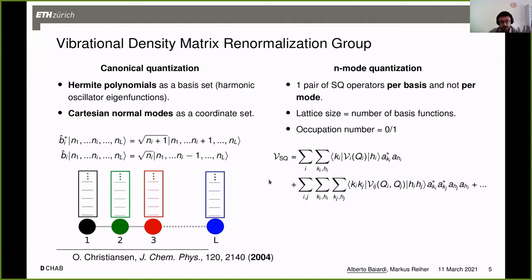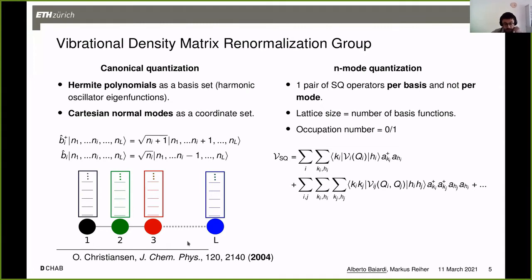Specifically, we designed two variants of what we call the Vibrational Density Matrix Renormalization Group. The first one is based on the canonical quantization, so on the harmonic oscillator second quantization operators.